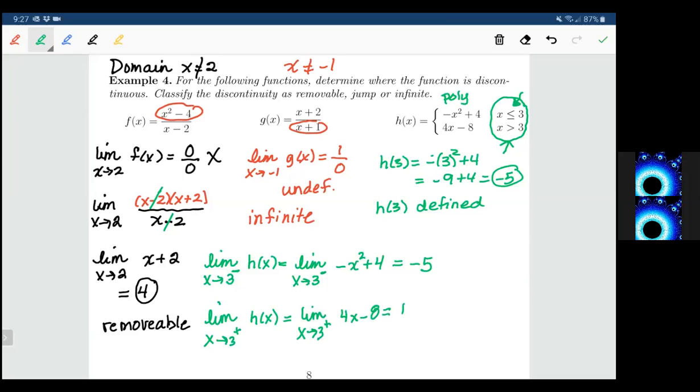And by direct substitution, we get 12 minus 8, which is 4. And here we can see the problem then. -5 does not equal +4. So the left and right hand limits do not agree here, and h of 3 is defined, and this is an example of a jump discontinuity.